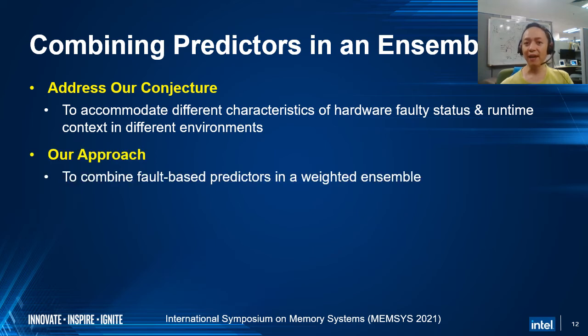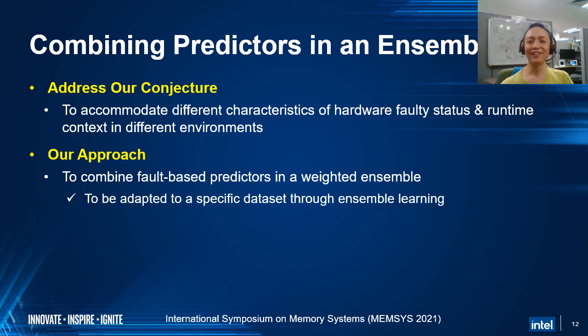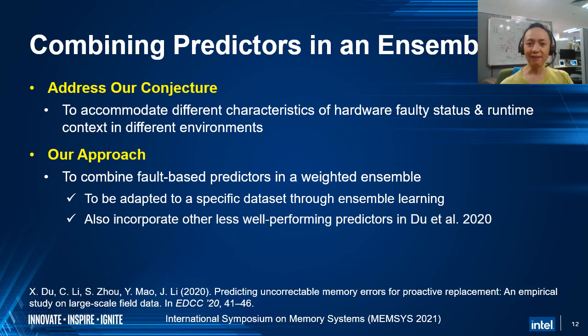We propose to combine the fault-based predictors in a weighted ensemble. The weights are to be adapted to a specific dataset through ensemble learning. To make the ensemble predictor more powerful, we also incorporate less well-performing indicators studied in our previous work, with the hope that they can contribute to such a combination.